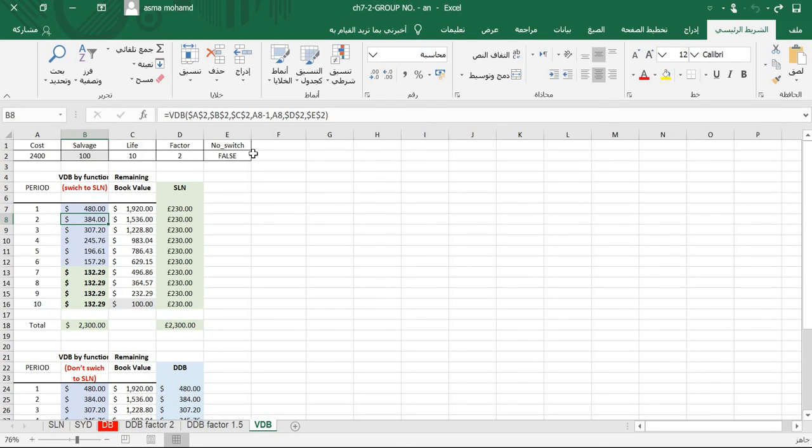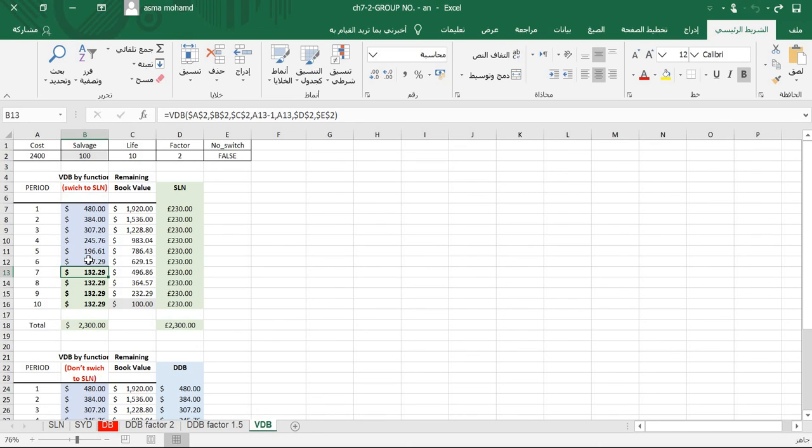That's why we have chosen false here, and you can see here that from the beginning it was declining, and then in the last fourth period it converted to the straight line method, and you can see the depreciation cost is the same for the last fourth year.